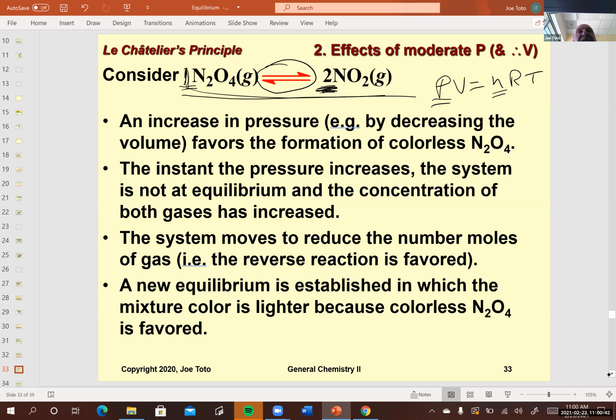But it wouldn't increase, I don't think, the force of the collisions. There'd just be more of them, right? Because you're not changing the temperature. Yes, I agree then. Okay. All righty. Any other comments?